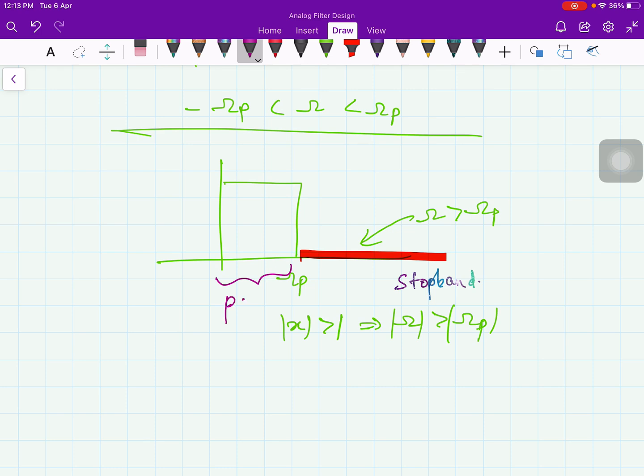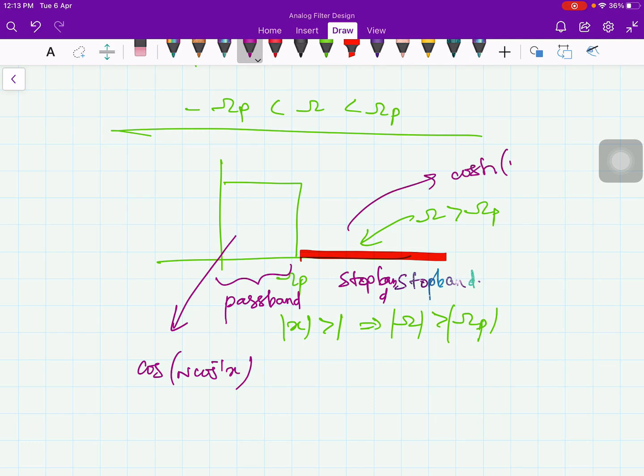So this is pass band and this is stop band. In the pass band we have cos of n cos inverse x. In the stop band we have cosh of n cosh inverse x. As I said, we have oscillatory behavior in the pass band, and then it is monotonic in the stop band.